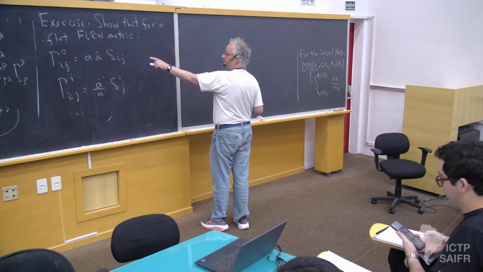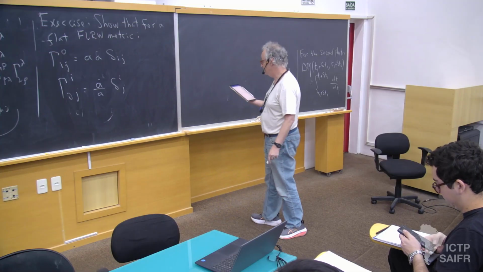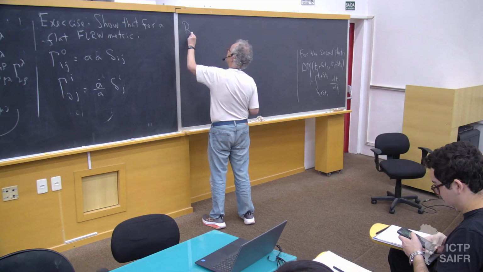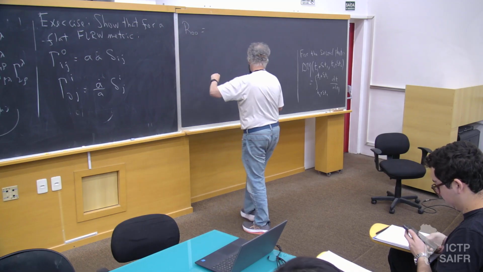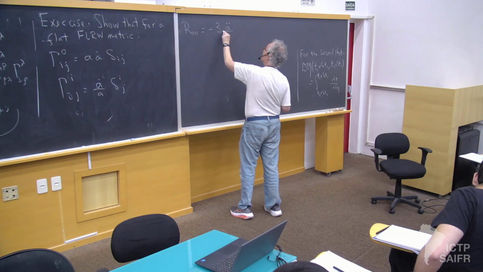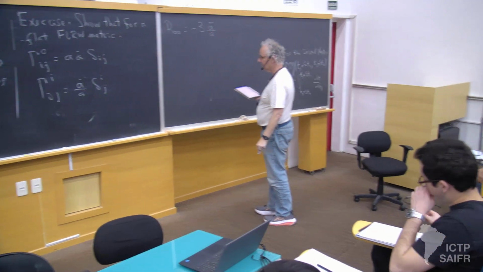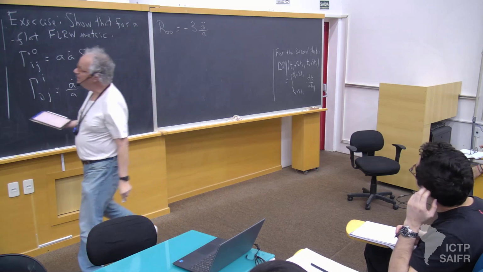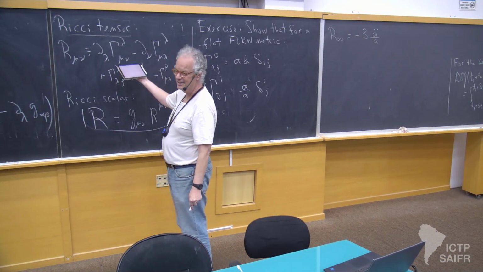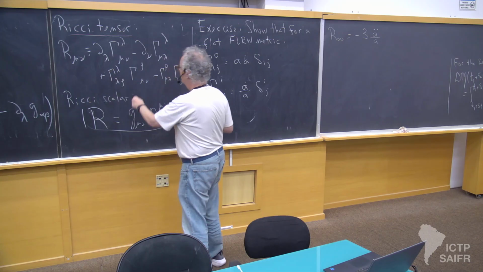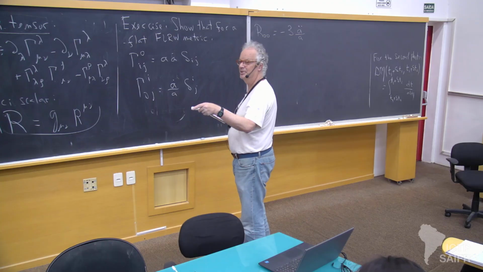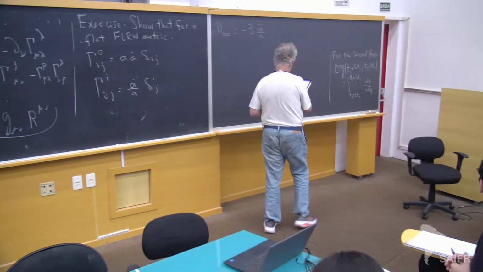So again, you can compute the components of the Ricci tensor, and the only non-zero components are R00, which is minus 3 A double dot over A. Again, the Ricci tensor is derivative of the Christoffel, and the Christoffel is a first derivative. So the Ricci is a second derivative or products of first derivatives. So you expect A dot squared to appear, which it does.